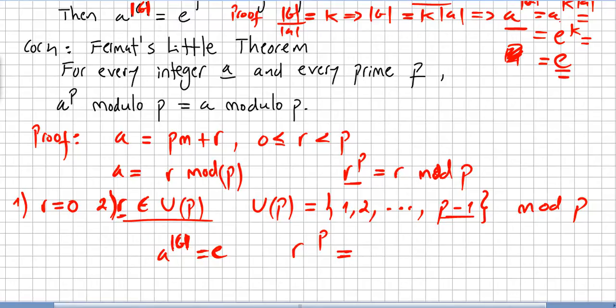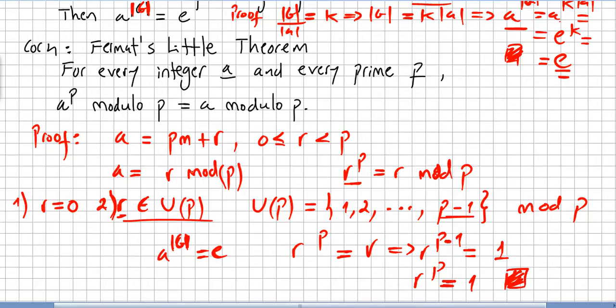Wait a sec. So r to the power of p minus 1 equals 1, right? So r to the power of p has to be r, and that proves the corollary.